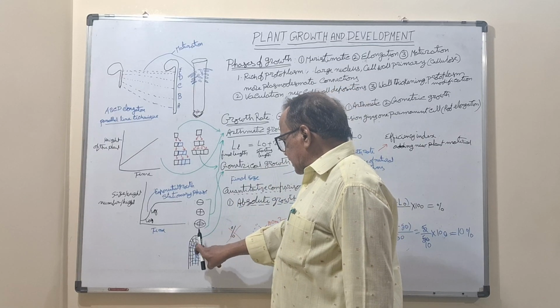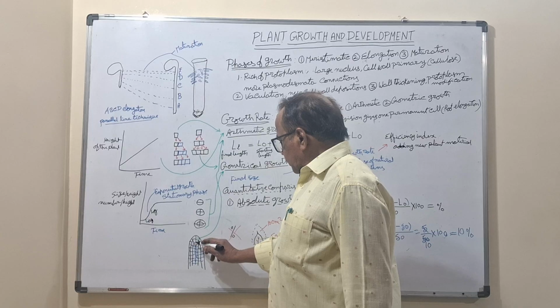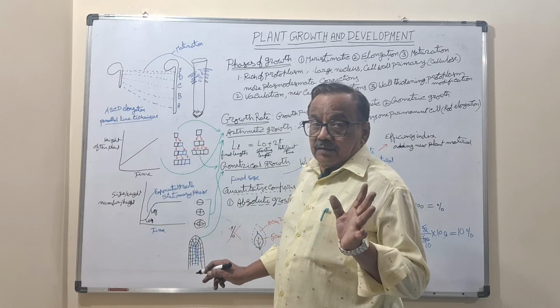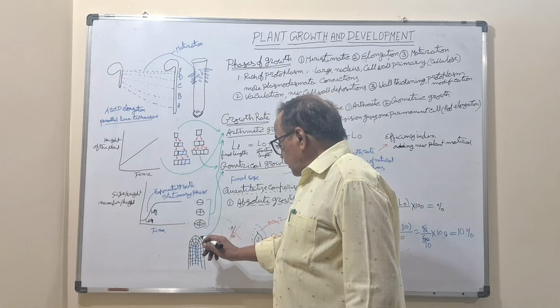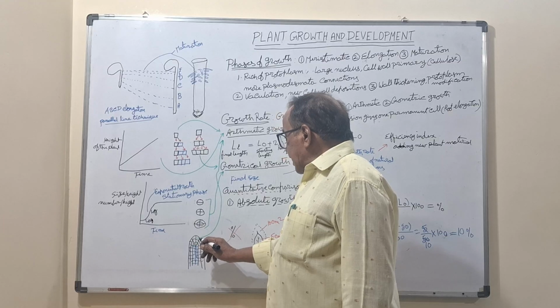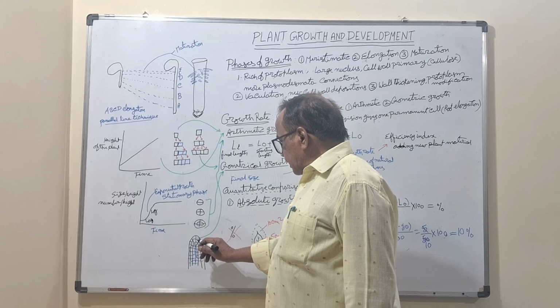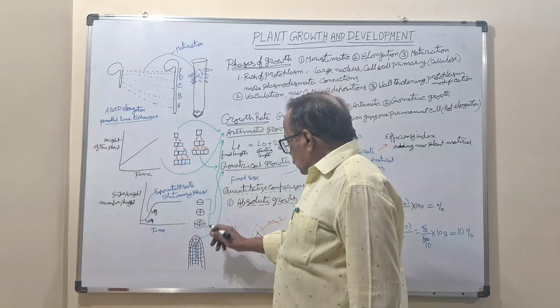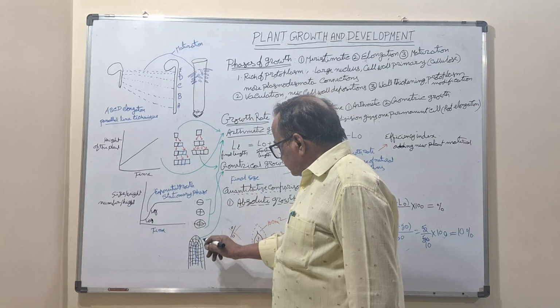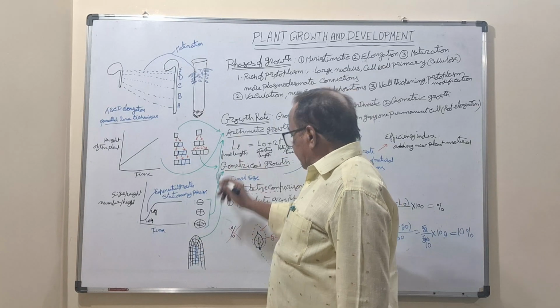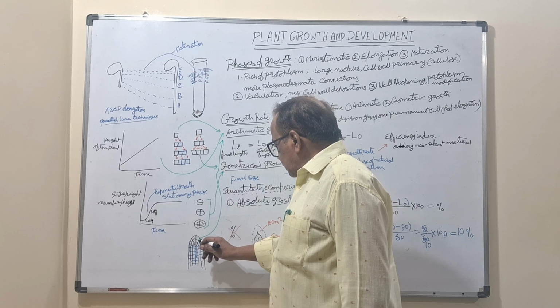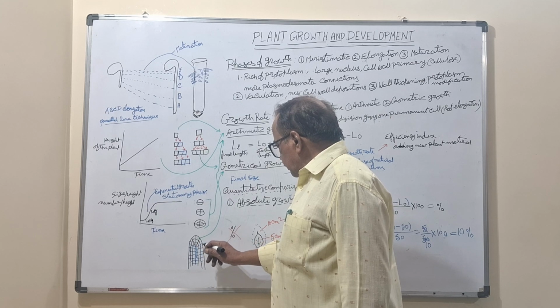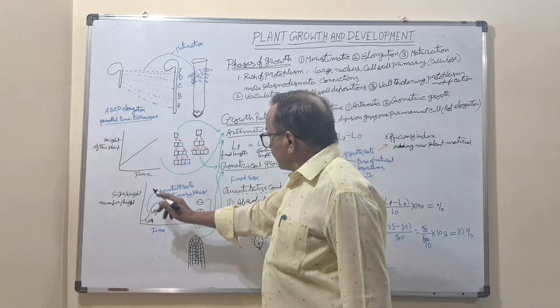Later on, some of the cells, as he has shown in the diagram in the NCERT book, these cells will act as the terminal. What is it, the root apex or shoot apex? They will show arithmetic growth. It means you observe that each cell is producing one cell like this.